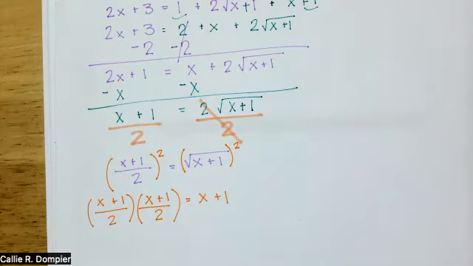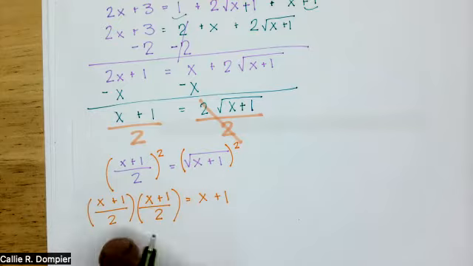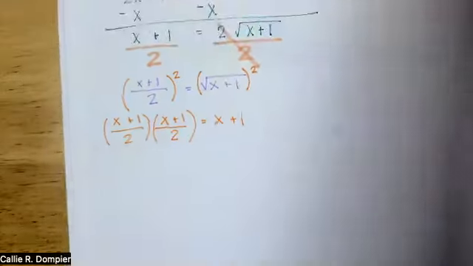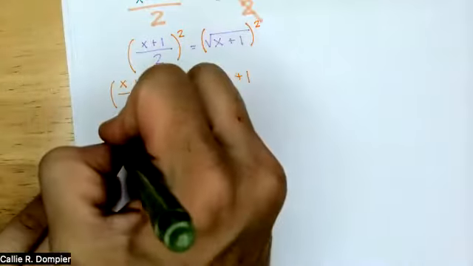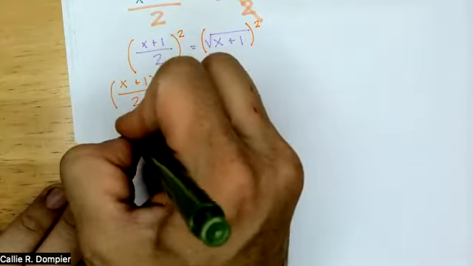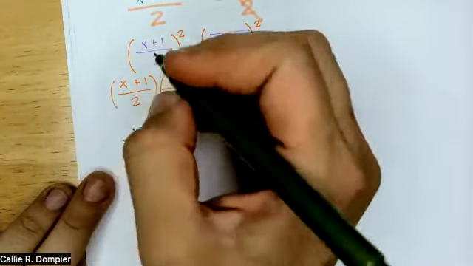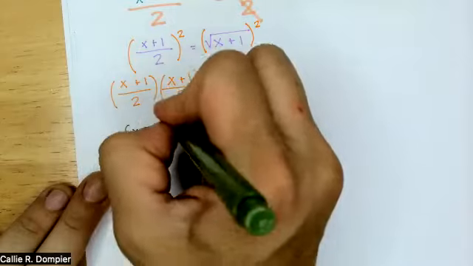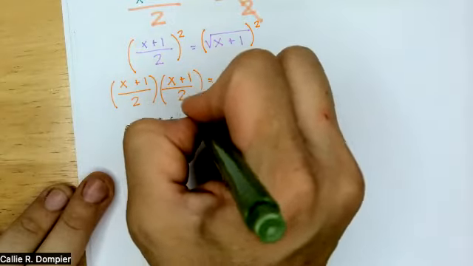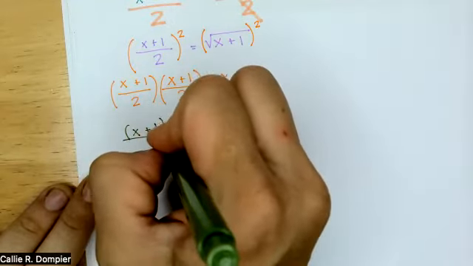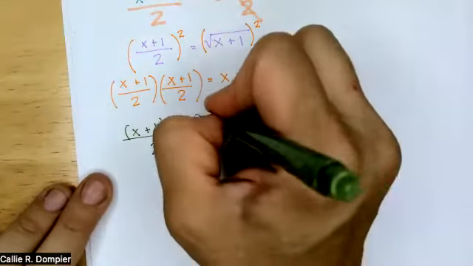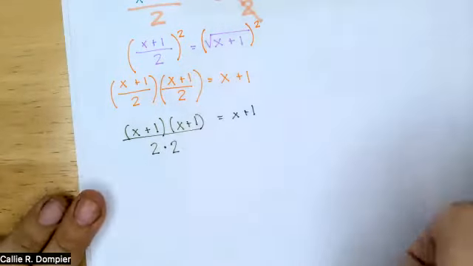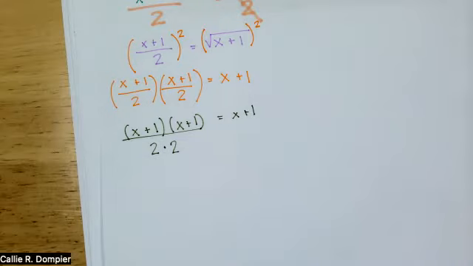All right. Now, you're just multiplying two fractions. Do you remember how to multiply fractions? Straight across, right? So now I just have x plus 1 times x plus 1 over 2 times 2, right? Got rid of all our radicals, yay!